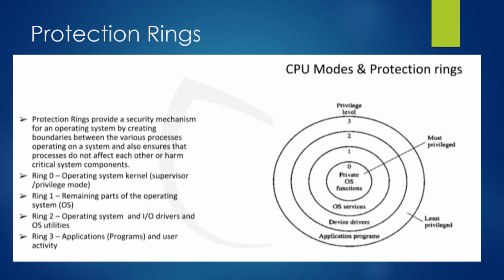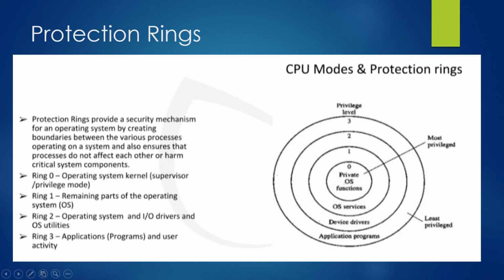Ring 0 is the most central ring. If it was a target board, that would be the bullseye directly in the middle. Ring 0 is the operating system's kernel. This is kind of like the boss. This is the supervisor or privilege mode access in the protection ring.